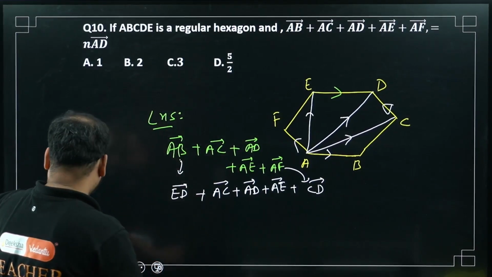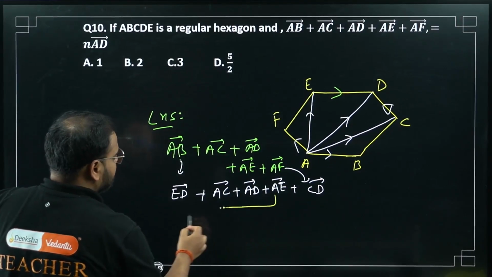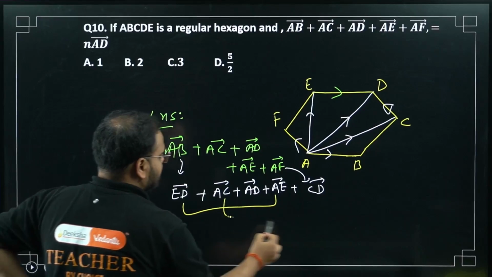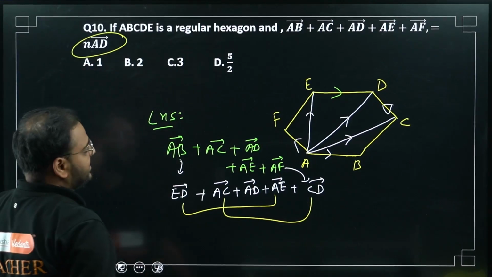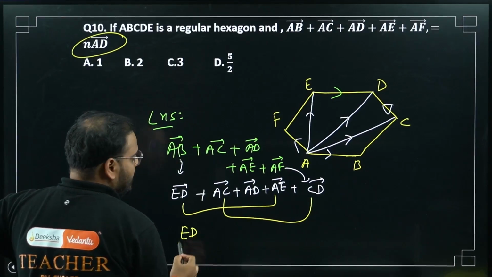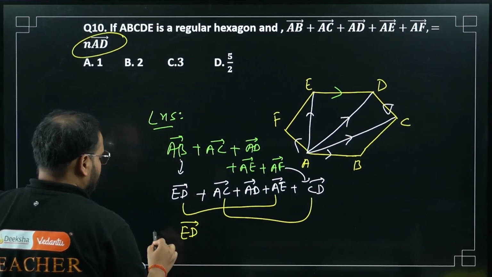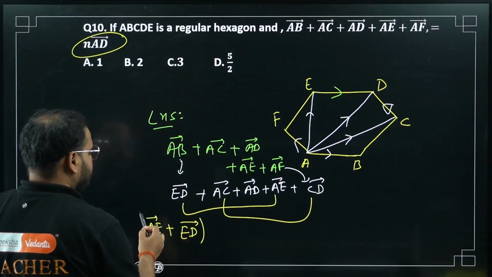I can combine what and what? AE with ED, AC with CD. How come, sir? We are looking for what? We are looking for n times of AD, right? On the RHS side. So club them together. ED with AE, right? So AE plus ED, first one.